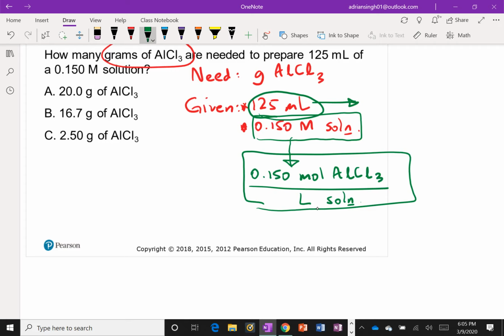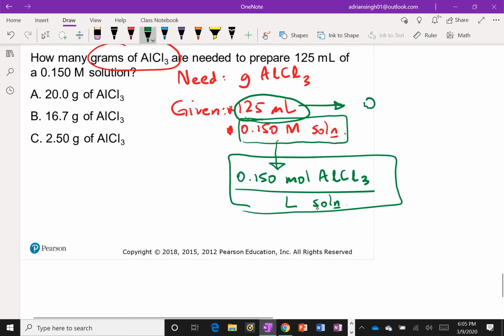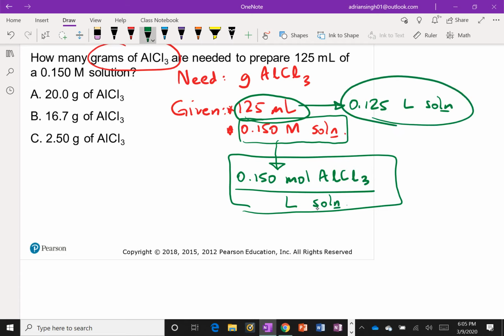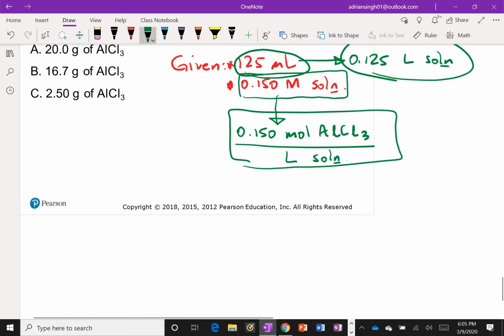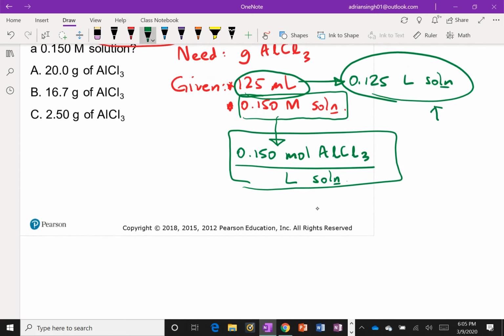How did you get that? Divided by 1,000. Okay, so that'll be 0.125 liters of the solution. So we're told how much of the solution we have. We've converted it to the right unit. And we're told what the concentration of the solution is that we're dealing with. So we have volume, and we have the concentration.